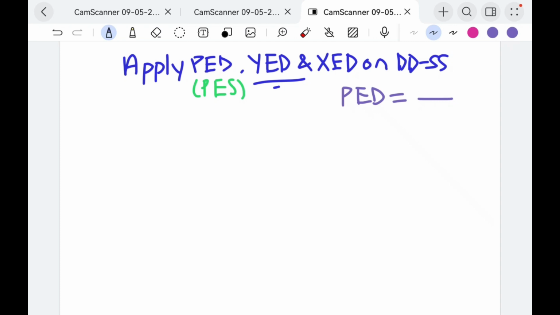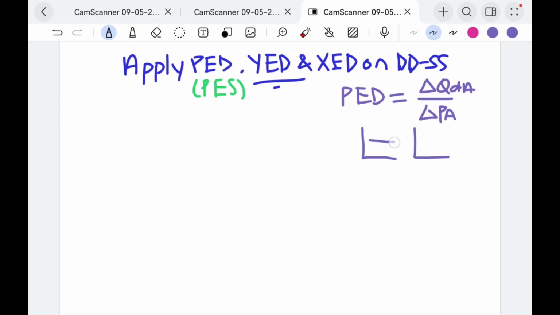So for PED, we learned that this is about how a change in price of a product A changes its quantity demanded. So how the PED affects the graph is through different gradient of the demand, because this is about the change in quantity demanded with response to a price change.